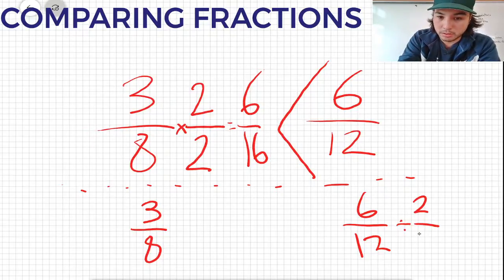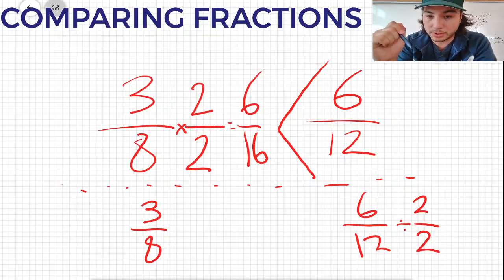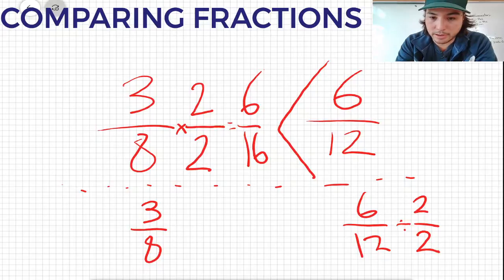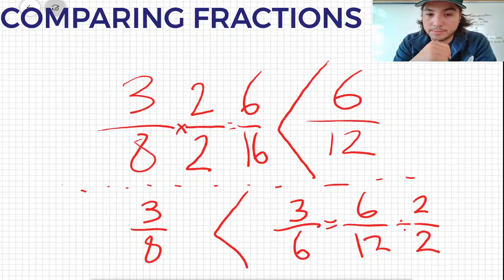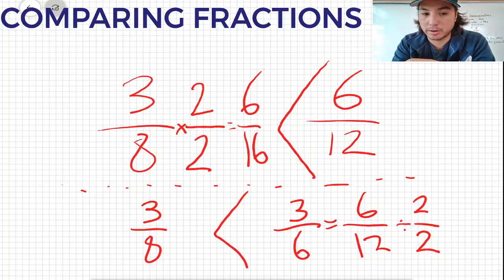And then remember, got to be an equivalent of 1, so we're going to divide by 2 on the bottom as well. 6 divided by 2 equals 3. 12 divided by 2, or 2 times what is 12, is 6. So now we've got 3/6 or 3/8. And again, a sixth is bigger than an eighth. So 3/6 is greater than 3/8.